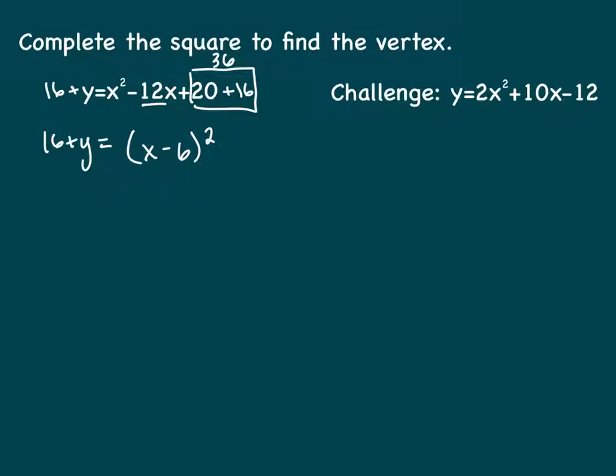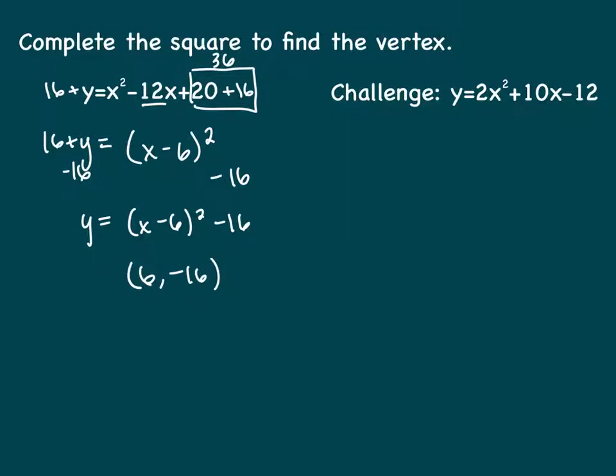And then to get rid of it, subtract 16. So I've got y equals x minus 6 squared minus 16. And my vertex is 6, negative 16.